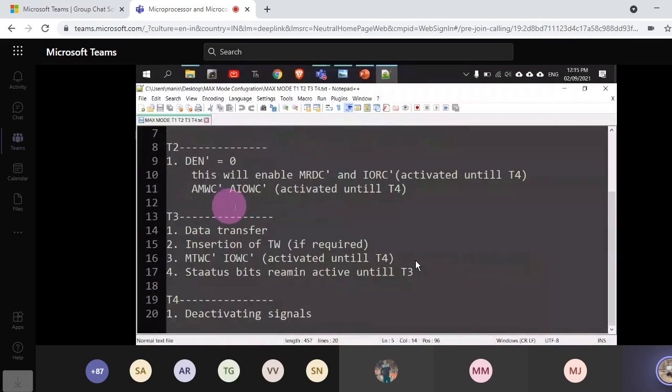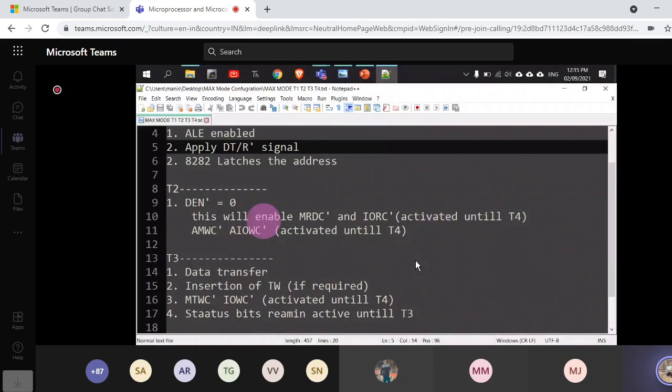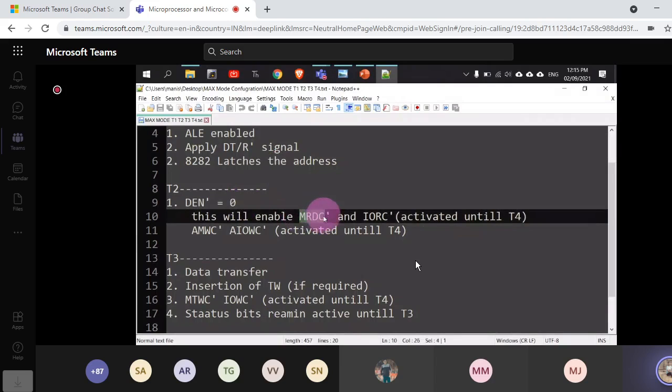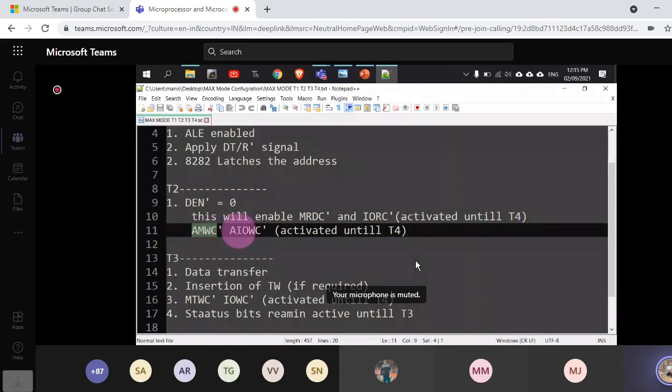In the T2 state, we will be trying to transfer the data. So DEN bar will be lowered, which implies that your transceiver IC will be activated, and this will enable the memory read control and input output read control, activated until T4, right? Or alternatively, you can write, so you can activate the advanced memory write control or advanced input output write control.